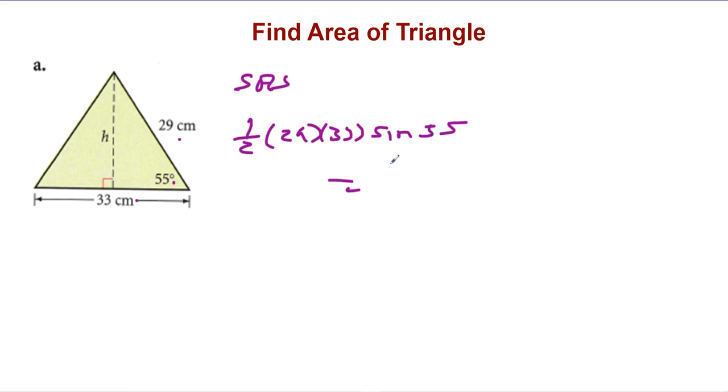Oh, it's going to be 0.5 times 29 times 33. I typed in 66 times. Problem is, I'm blind as a bat without my glasses. 391.96, as long as I typed everything in right. 391.96, and that's going to be centimeters squared.